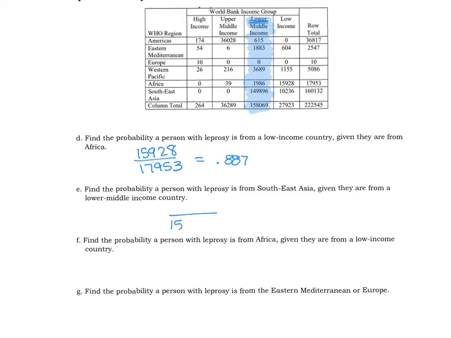We're talking about a total of 158,069 people, okay? And out of those, 149,896 are from Southeast Asia, so a probability of 0.948.